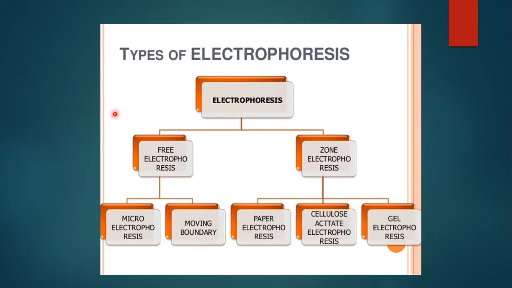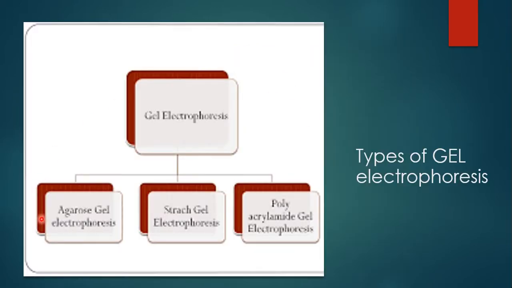We are not going to deal with all these types; we will go in detail only about gel electrophoresis. Gel electrophoresis is again classified into three types: agarose gel electrophoresis, starch gel electrophoresis, and PAGE, polyacrylamide gel electrophoresis. These topics will be covered in other parts.